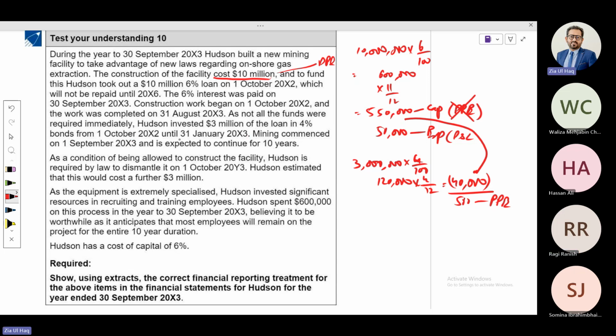4% bond on 1st October till 31st January. Mining commenced on 1st September 20X3 and is expected to continue for 10 years. Meaning the useful life is 10 years, over which we need to depreciate the asset.